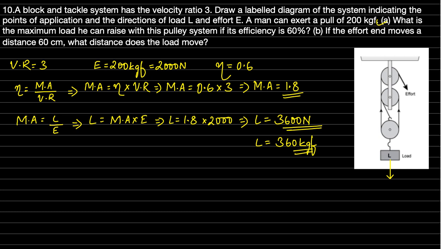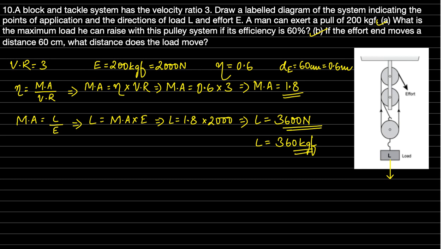Now going into the B part, if the effort end moves a distance of 60 centimeter, so dE is given as 60 centimeter, which is 0.6 meters. What distance does the load move?